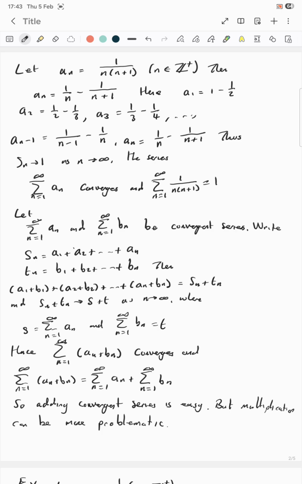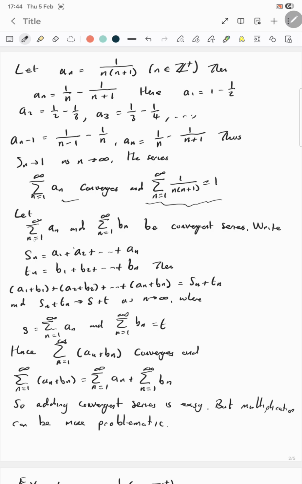Now s of n therefore equals 1 minus 1 over n plus 1. Thus s of n goes to 1 as n goes to infinity. This series a of n converges and equals 1.